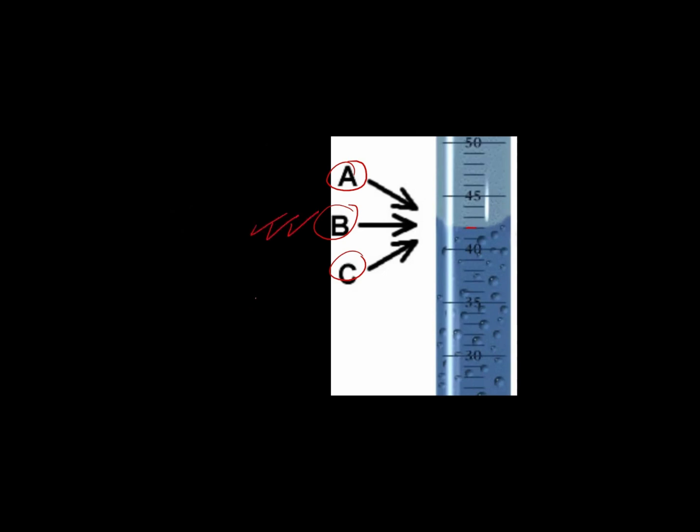I know all of you know this. That's why I said this is an easy lesson. To look at the bottom of the meniscus, we look at it perpendicularly. Why? Because if we look at it from A or B, we will have an error.